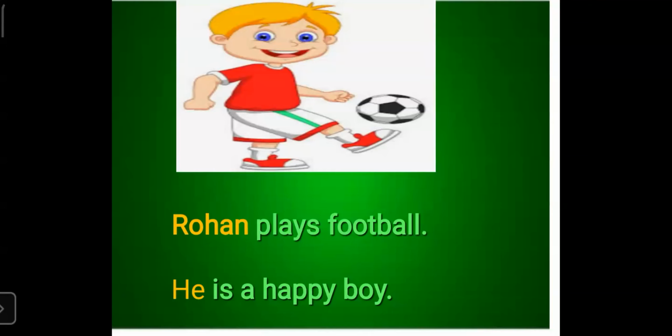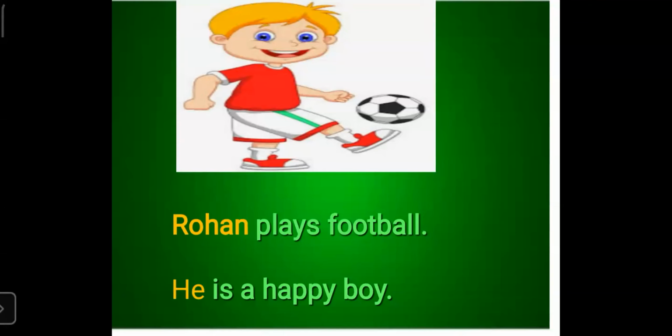We cannot use a subject pronoun in the first sentence. So Rohan plays football will remain as it is.